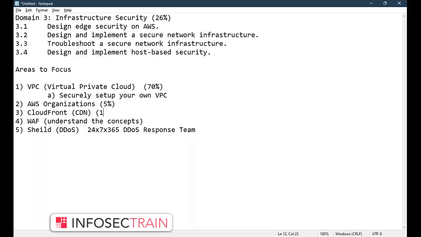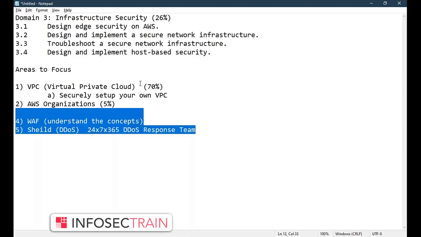Focus at least 15 to 20% on CloudFront, and for WAF and Shield too. Trust me, this is the best way to pass the exam in this domain.